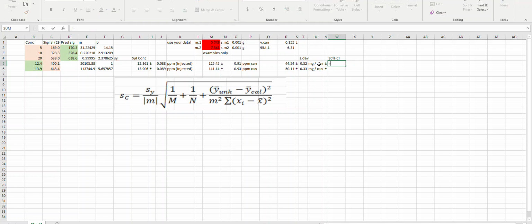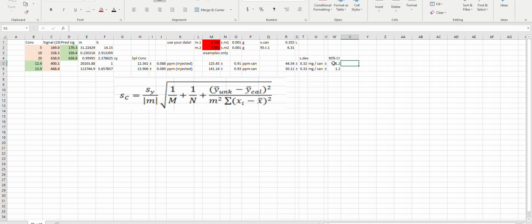This is going to be equal to T times S divided by the square root of N, which is 3, right? And I'll get these sig figs under control. Bring that down to 2. This goes up by a substantial factor over the estimated standard dev because there are very few degrees of freedom here.